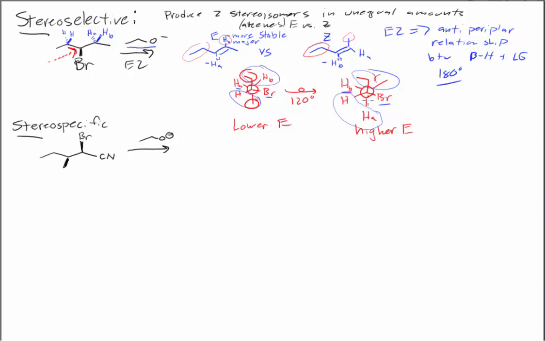And so it's going to be harder to get to this Newman projection and achieve the loss of HB, and thus it's going to take a shorter time period to get to the E version, because it has a lower energy transition state. So let's just write that down here.